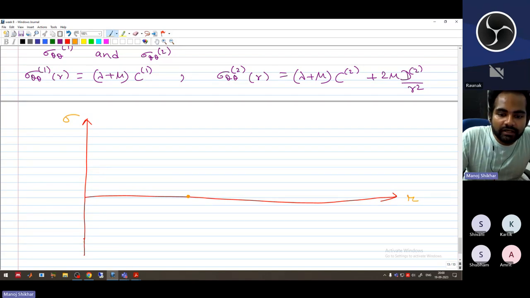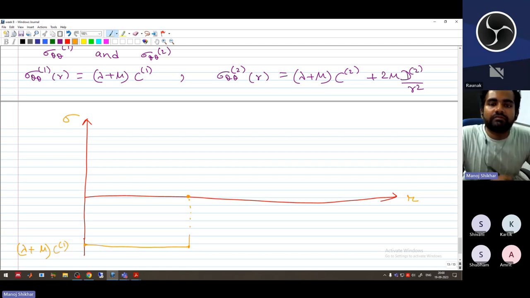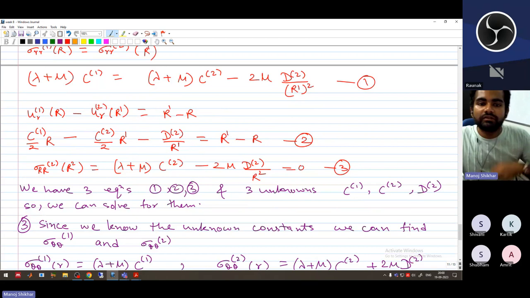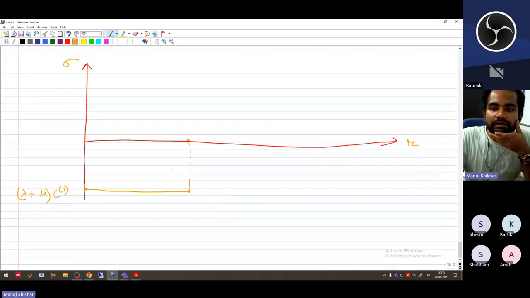If we plot sigma RR first, till this point it will be a constant value, and the value is lambda plus mu into C1. This point is capital R, and the point just after it is R1.